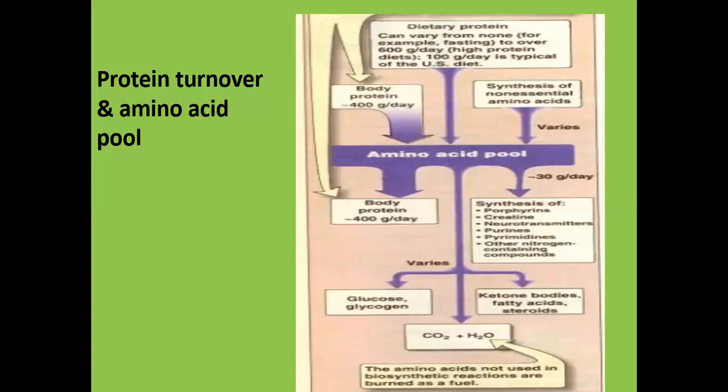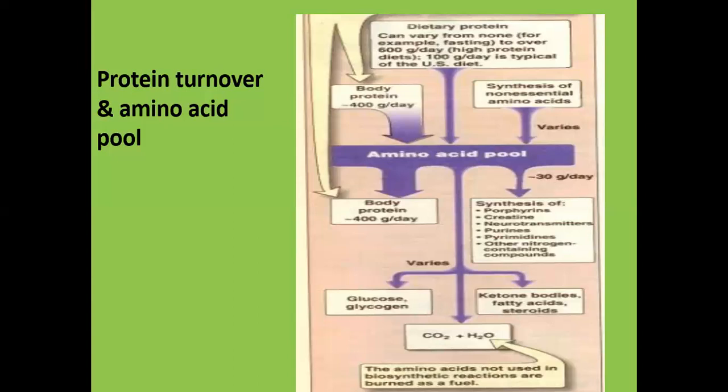So now in this context, one important point which we have to explain: we are saying that tissue proteins are degraded. So which of the body proteins undergo degradation? Do all proteins of the body get degraded at the same rate or not?